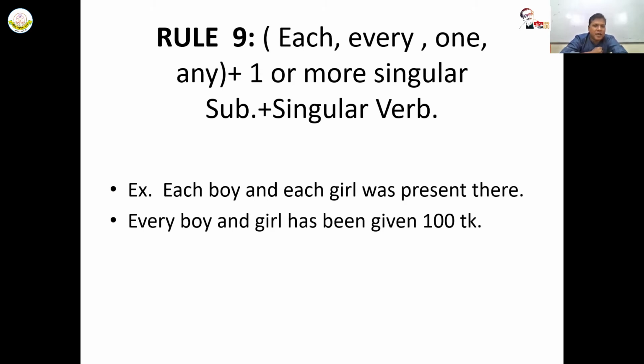Suppose each boy and his girl was present there. Every boy and girl has been given 100 taka. That means here you notice that there is also and, but they take the singular verbs was and has.